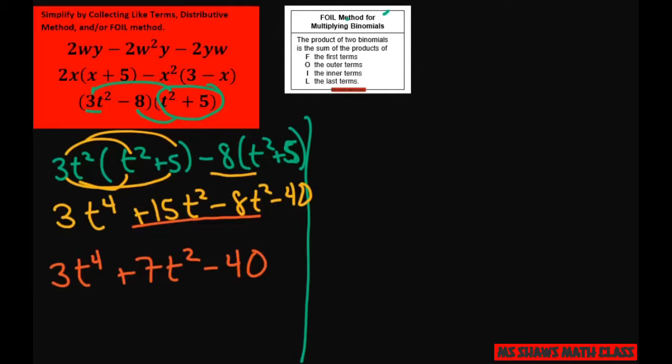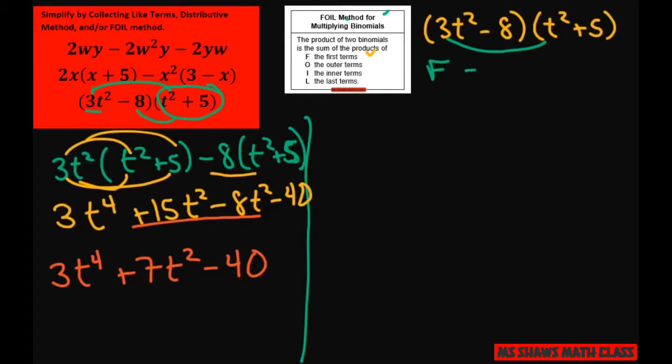Now the FOIL method means we're going to multiply the first two terms. So let me write this down. 3t squared minus 8 times t squared plus 5. So these are the first two terms. So for the first, that's going to be 3t squared times t squared. Okay, for the outer, that means these two outer terms.